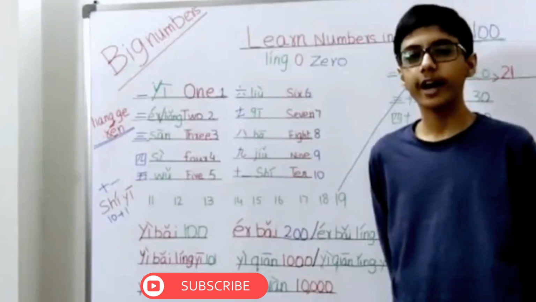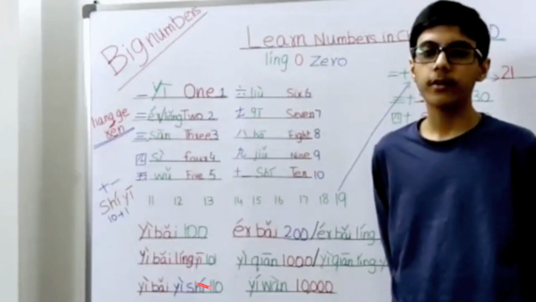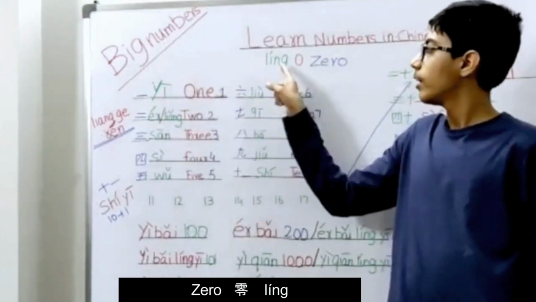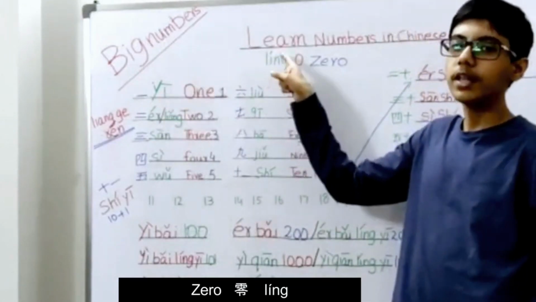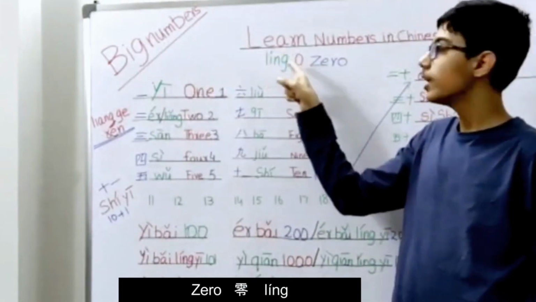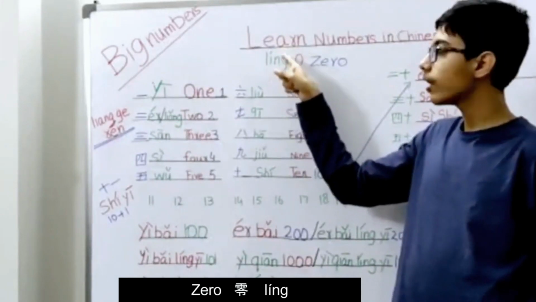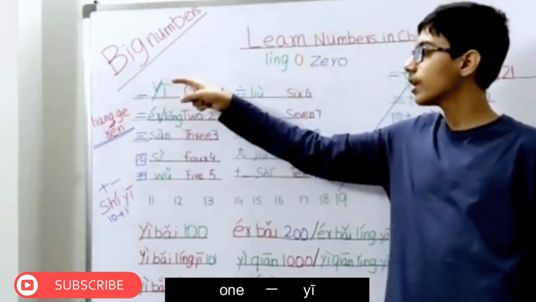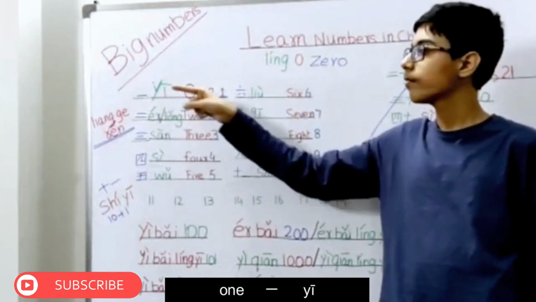Okay guys, now let's start from 1 to 10. Líng means 0. Yī means 1.